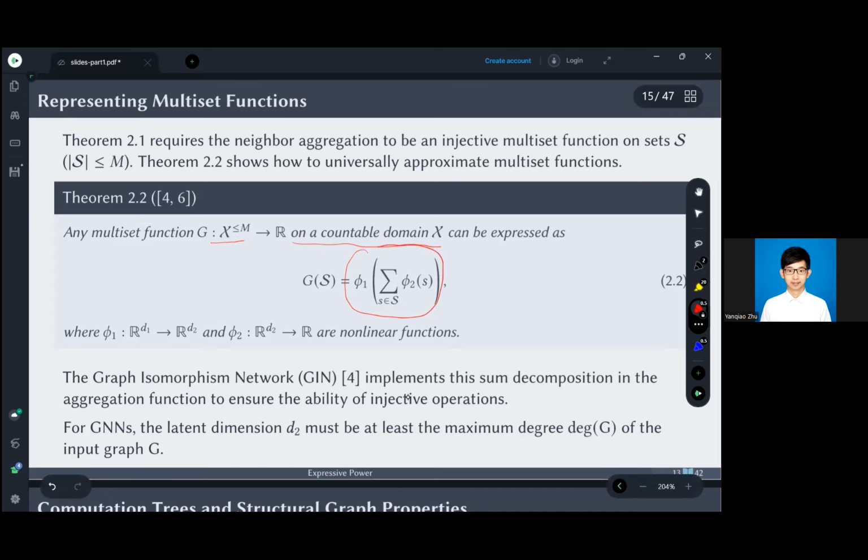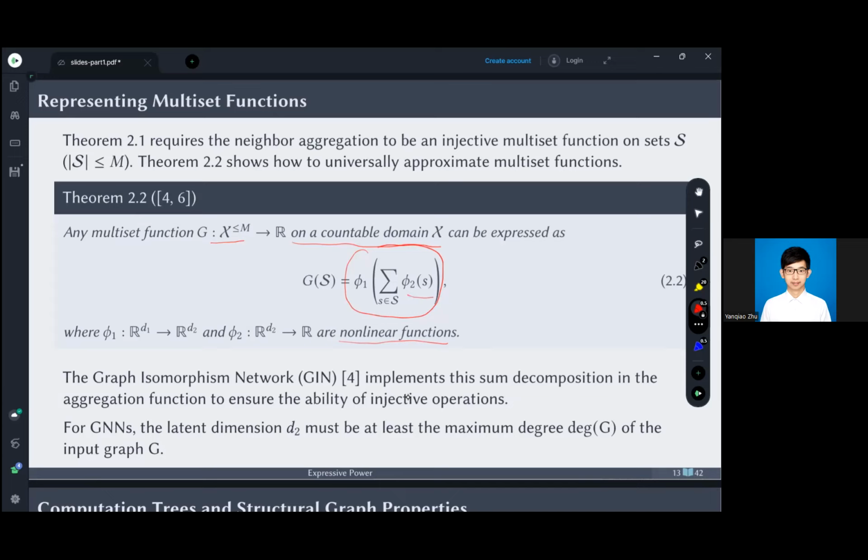This means that there are two nonlinear functions, phi1 and phi2, where phi2 operates on each element of the set, and phi1 operates on the resulting intermediate-level embeddings. And this is what the graph isomorphism network does.